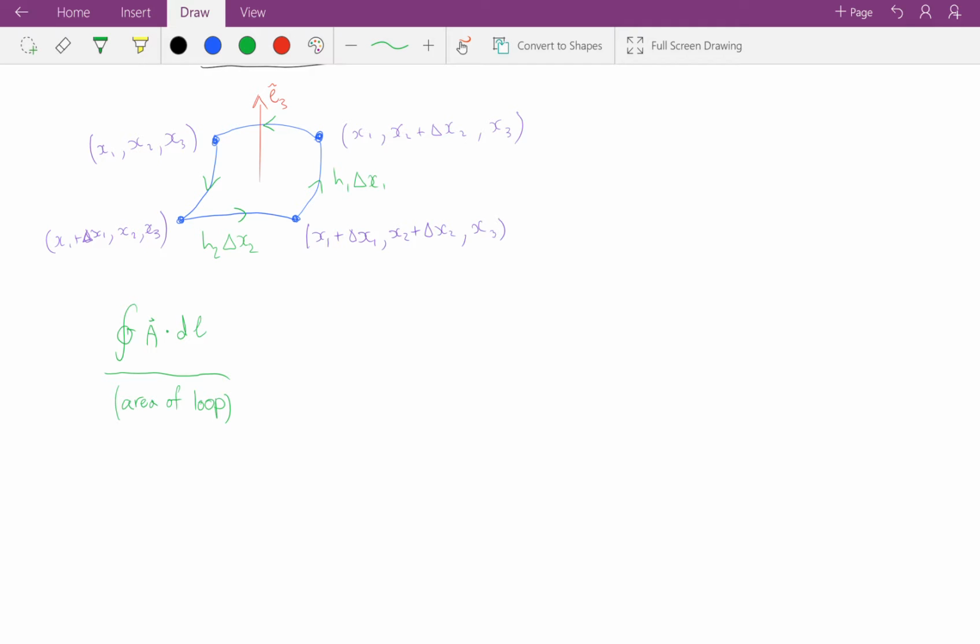So what we're going to do first is we'll look at these two sides, this one and this one. So our curl is essentially going to be this loop integral divided by the area of the loop.